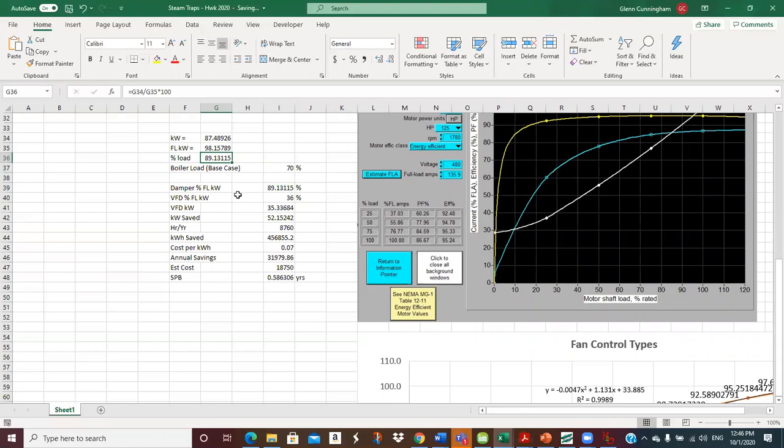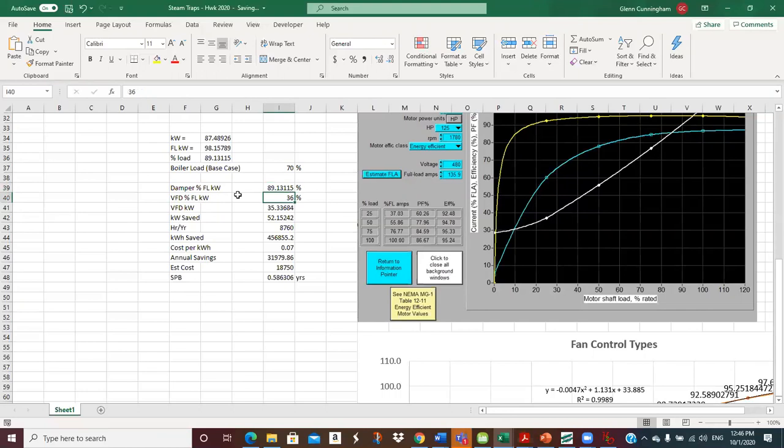G34. That's the percent load on the fan. Okay. And so that's with damper control. Okay. And so we're at 89% of fan power.